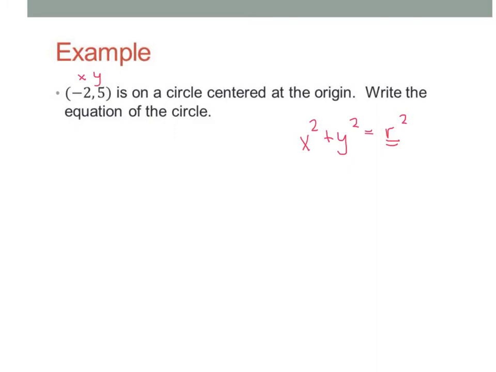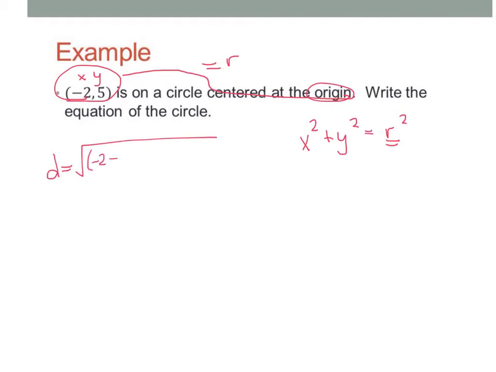Or what we can do is, if this is a point on the circle, then from it to the origin should be the radius. So if we use the distance formula and say we're going from our point to the origin, then this should give us what our r is.